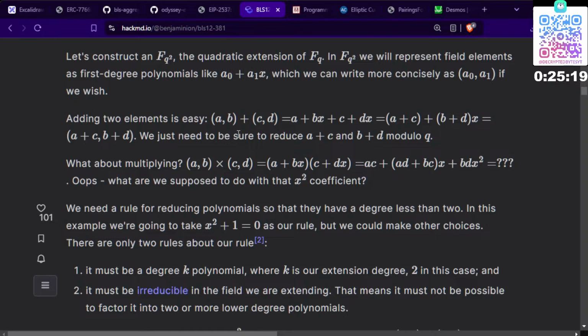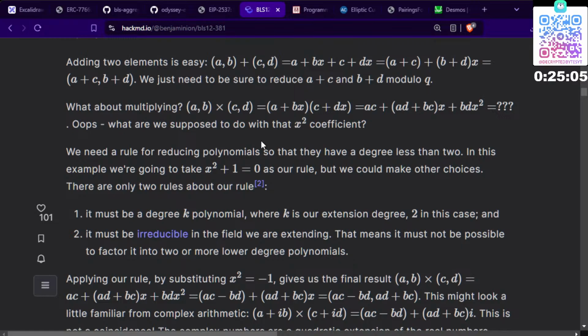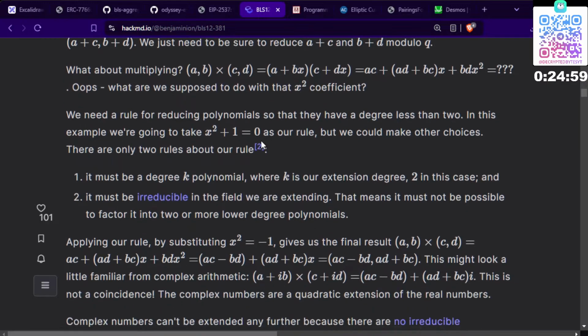We just need to be sure to reduce a plus c and b plus d modulo q. Oops, what are we supposed to do with that x squared coefficient?